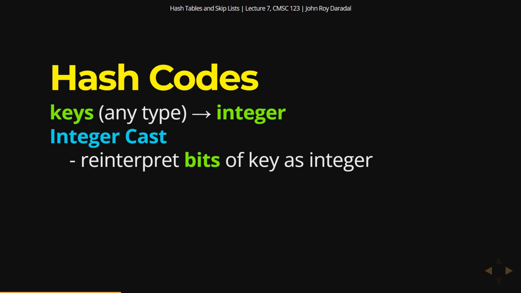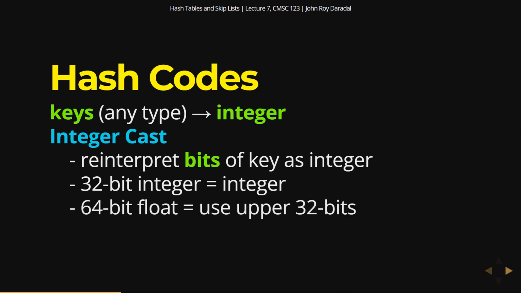The binary representation of your key, which could be a number or a floating point decimal, we get its binary digit representation and reinterpret those bits as an integer.